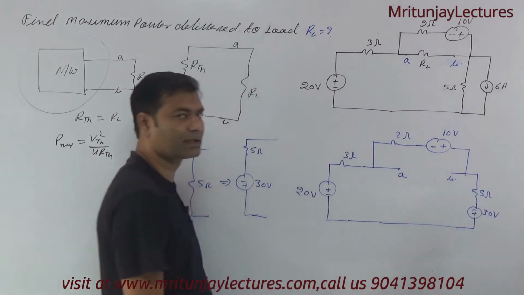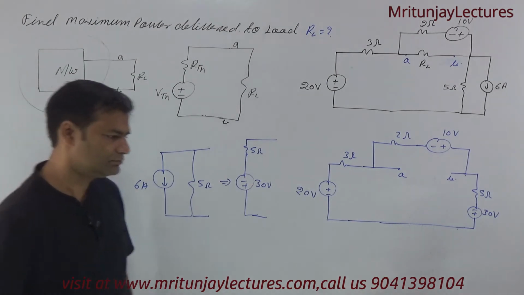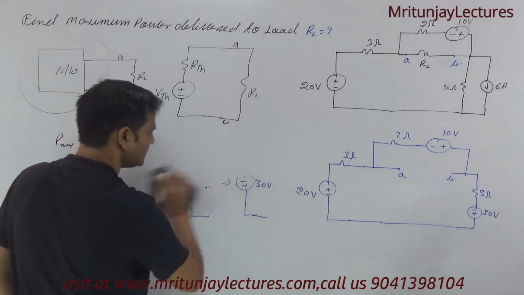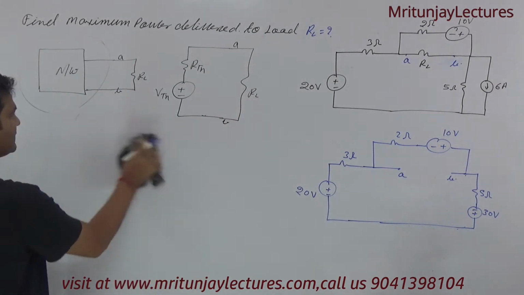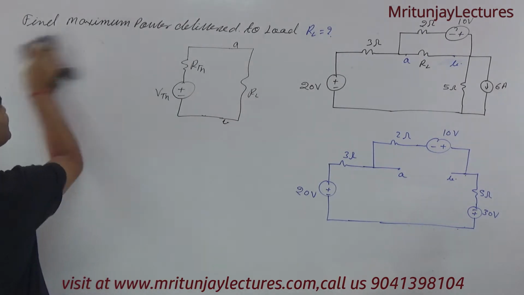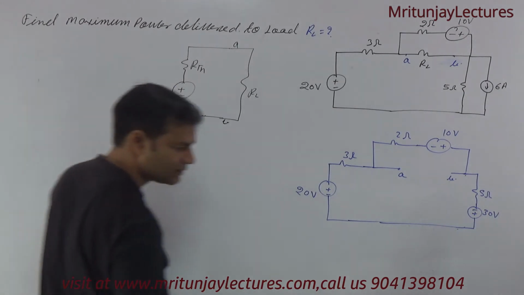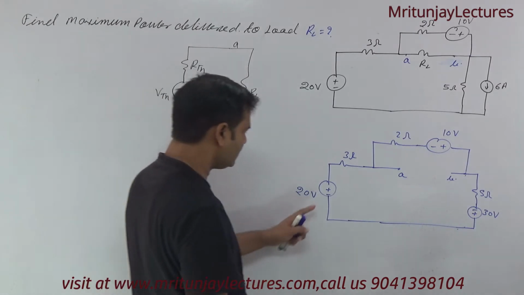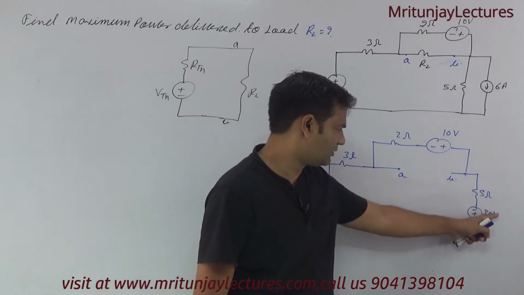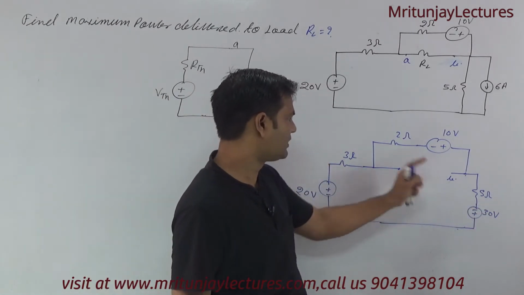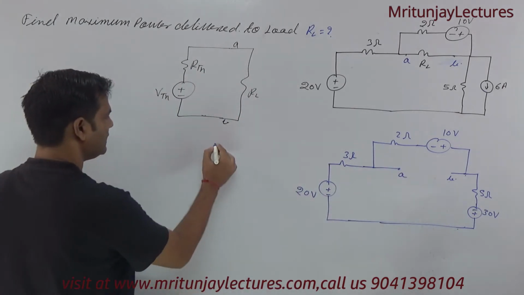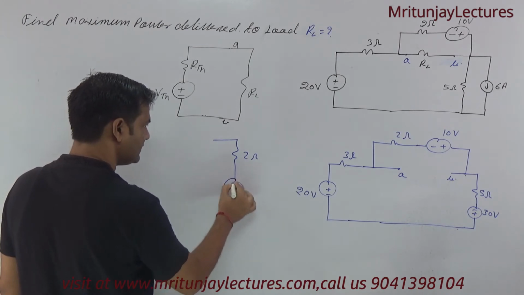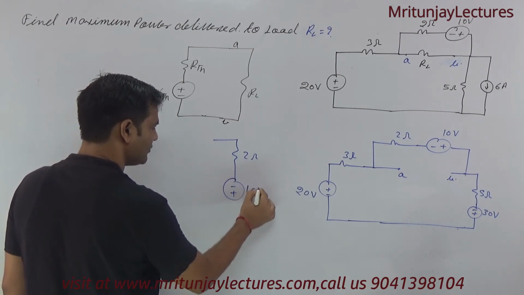Clear? So first of all, this whole phenomenon is removed, and this one, moving on to the circuit corresponding to AB, that is 2 ohm, and this one is minus plus, that is 10 volt.